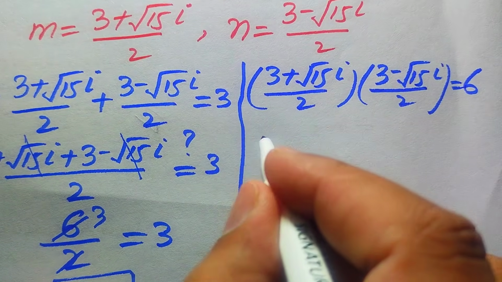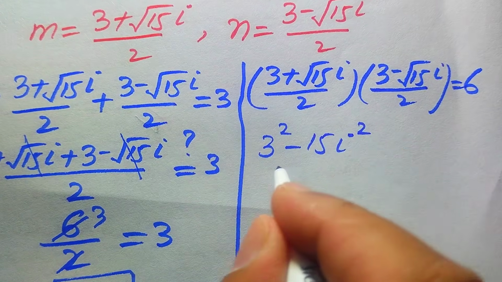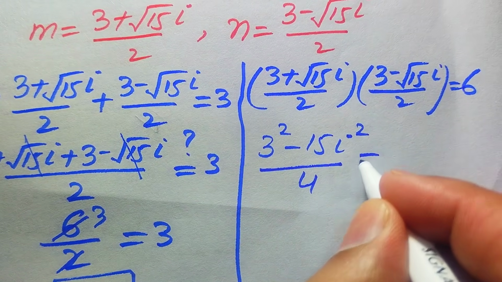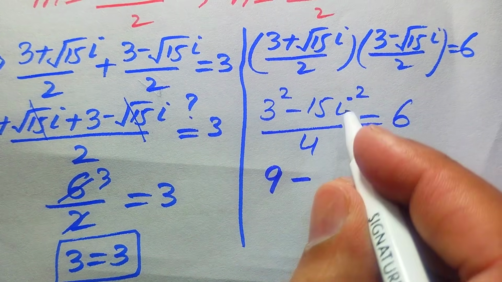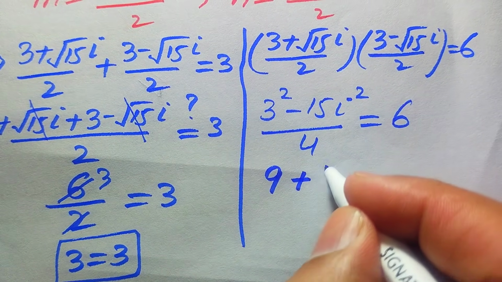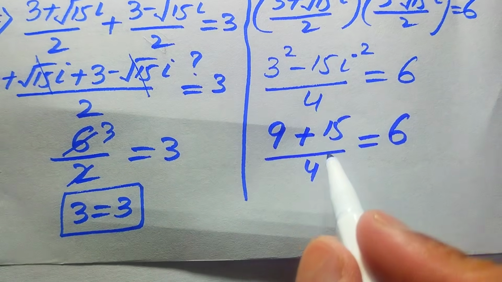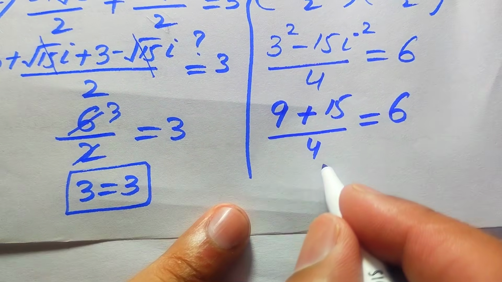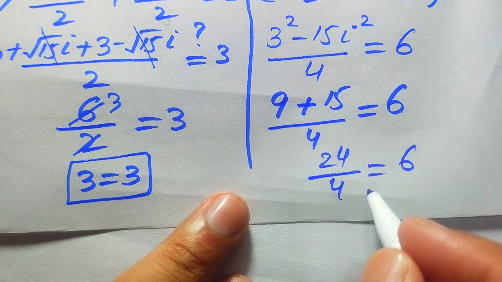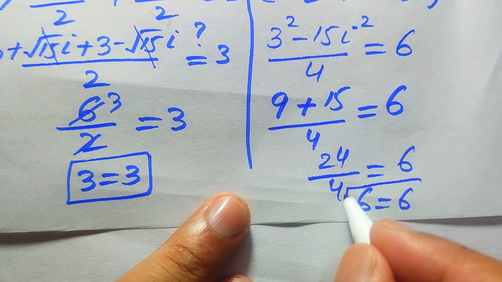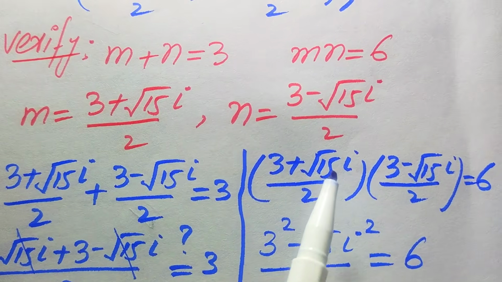So here we use the algebraic formula, and we get 3 squared minus 15 times iota squared divided by 4 equals 6 or not. 3 squared becomes 9, and iota squared becomes minus 1, and this becomes positive, divided by 4 equals 6. 15 plus 9 becomes 24 divided by 4 equals 6, and we easily get 6 is equal to 6. So this shows that the values of m and n satisfy both of these two equations.